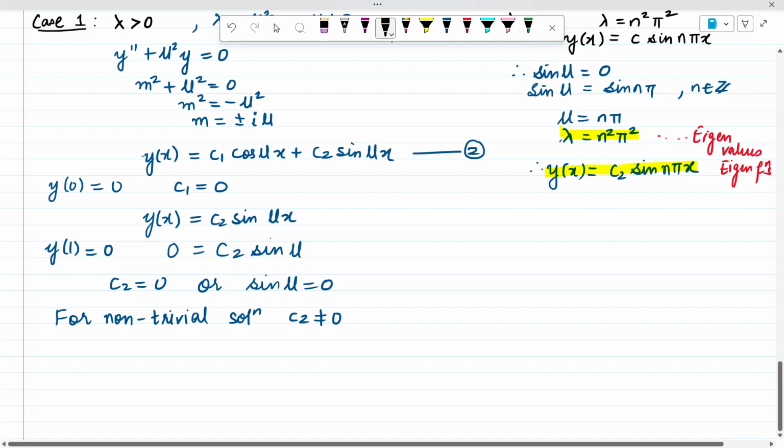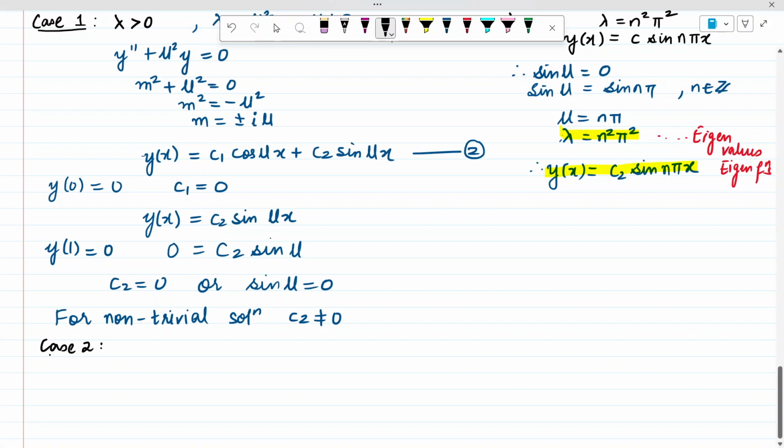Did you check case 2 and 3? Say lambda equal to 0. When I put it in equation number 1, I would get y double dash equal to 0. Auxiliary equation is m square equal to 0. So m is 0, 0.